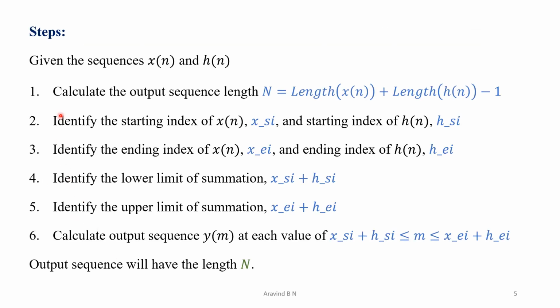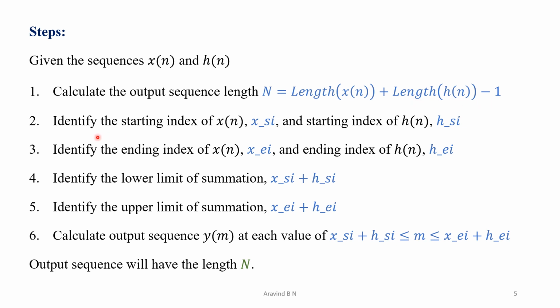Now let us go through the various steps involved in solving linear convolution in the time domain method. Given the sequences x of n and h of n, that means the input and the impulse response of the system. Then step 1, calculate the output sequence length. Capital N is equal to length of x of n plus length of h of n minus 1.